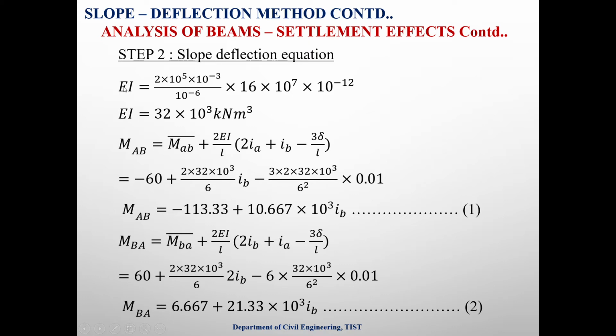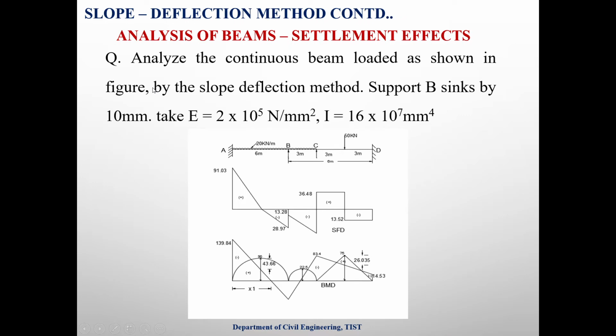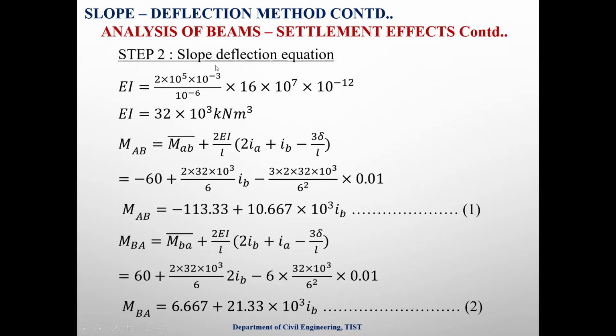When you find out the value of EI, you know E is given as 2 into 10 raised to 5 Newton per mm square and I is equal to 16 into 10 raised to 7 mm raised to 4. Then convert this to kilonewton and meter. By converting the values, we get 32 into 10 raised to 3 kilonewton meter square.